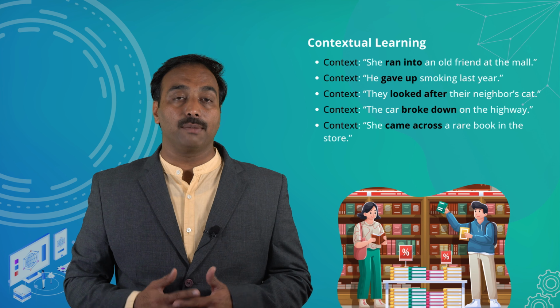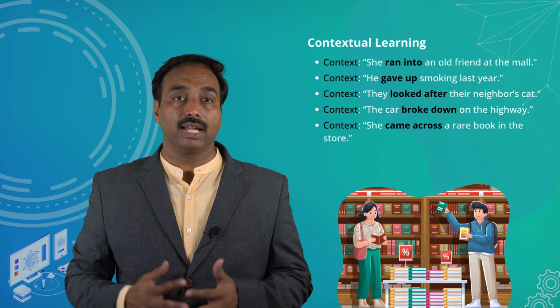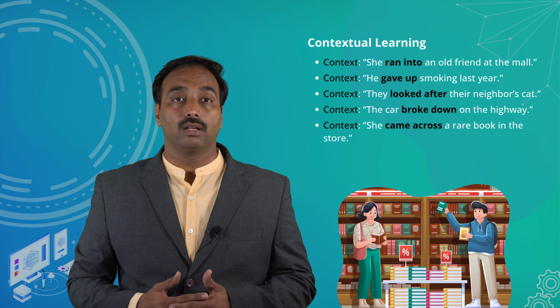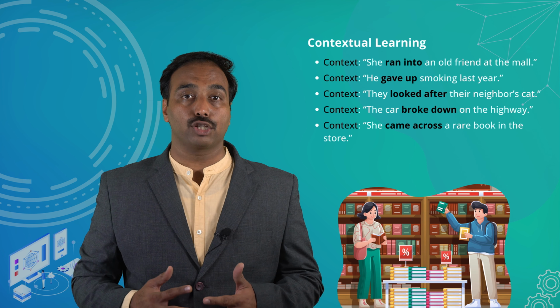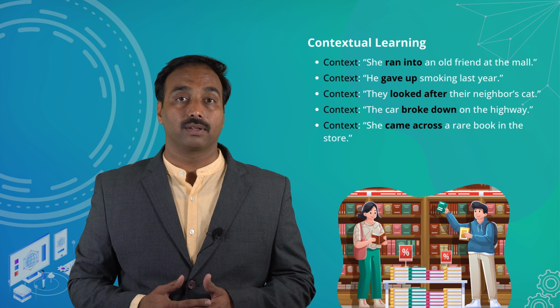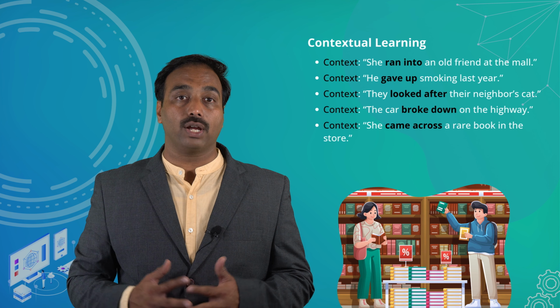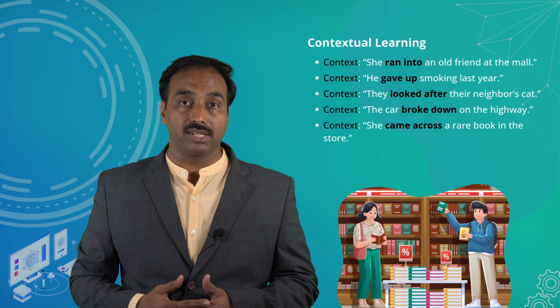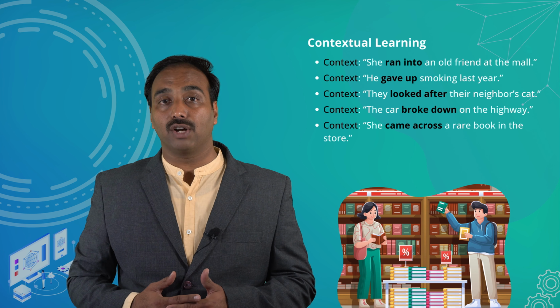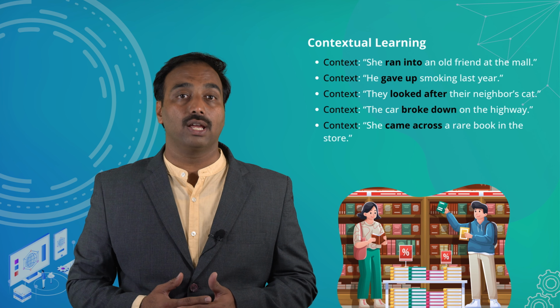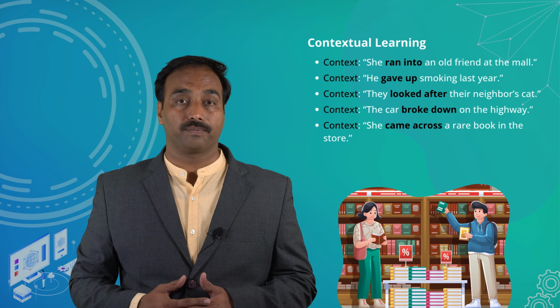They looked after the neighbor's cat, which means they took care of the cat. The car broke down on the highway, which means the car stopped functioning. She came across a rare book in the store. It means she found a rare book by chance.